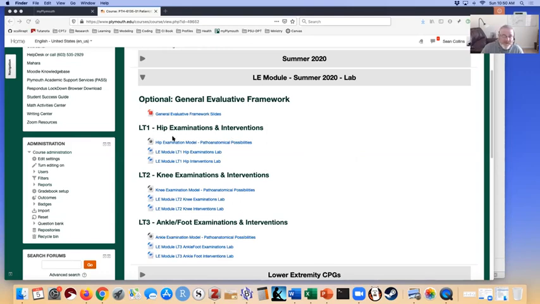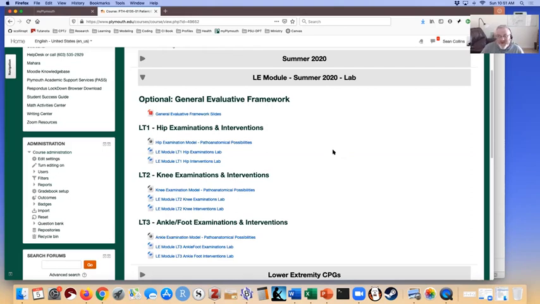Every one of the lab sessions has what I'm calling an examination model, which describes the pathoanatomical possibilities. This is not a complete set of all possibilities, clearly, but there are enough of them that it's a good starting point.